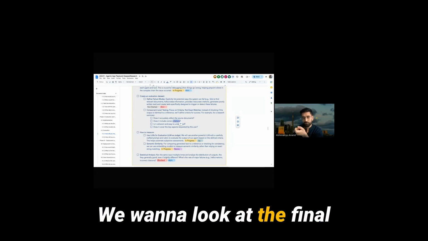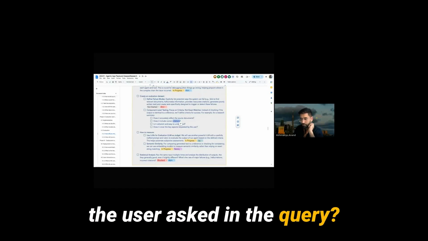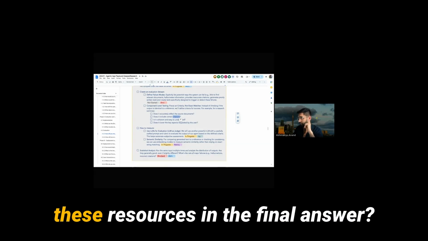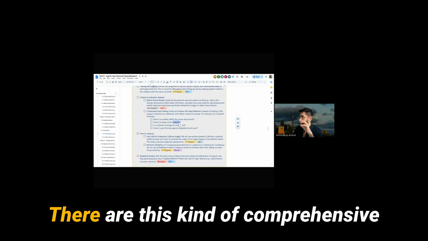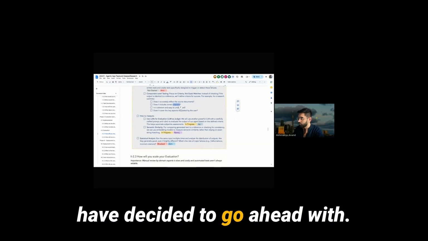We want to look at the final answer. Does it include the correct citations or the resources that the user asked for in the query? Were they retrieved correctly, and do the documents correctly reflect these resources in the final answer? That's the comprehensive testing framework that we have decided to go ahead with.